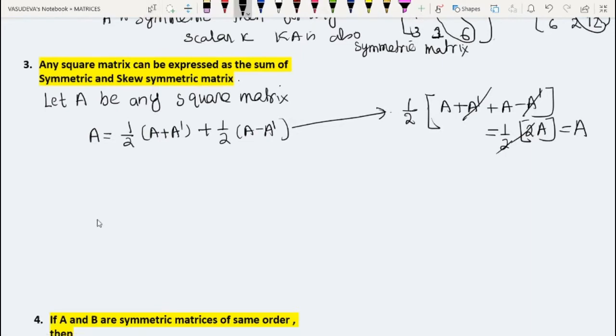Now we have to check what type of matrix each part is. This is the first part, and this is the second part.